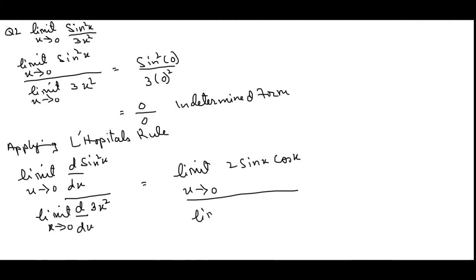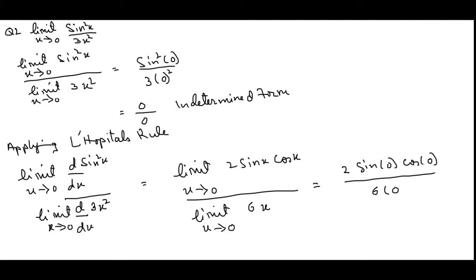limit x approaches to 0, 6x. Now applying limit, we get 2 sin 0 cos 0 over 6 times 0.